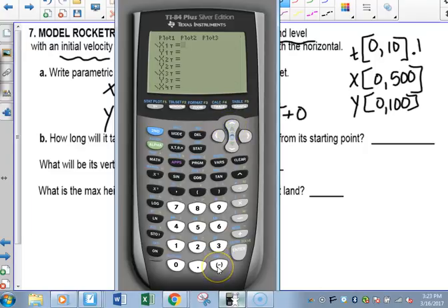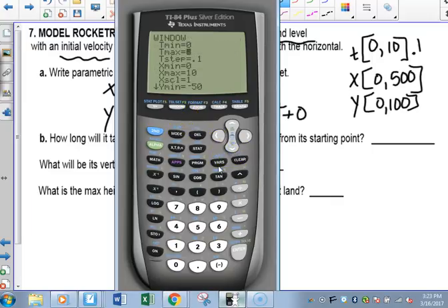All right, so it was, I already forgot, 70, is that what we changed it to? Oh, I got a t first. T times 70 cosine of 80. Do I have it right, guys? And then t 70 sine of 80 minus 16t squared.